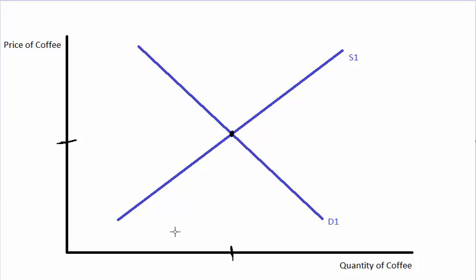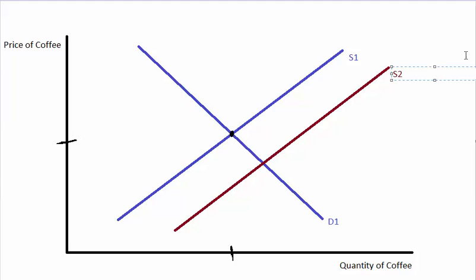And so I'm going to show you that supply would come over here because it's increasing. So we can call this S2. And so now our equilibrium point where S2 and D1 intersect is right here.